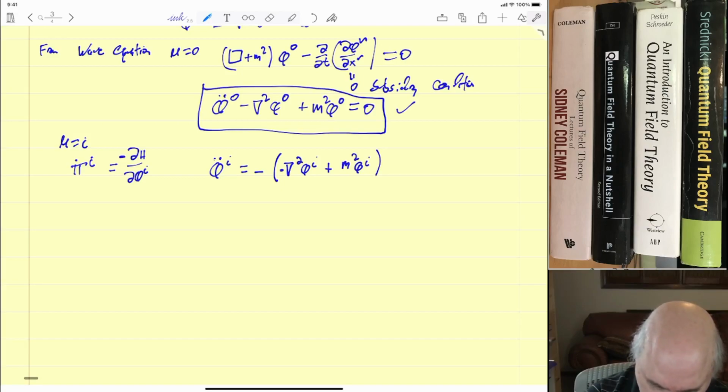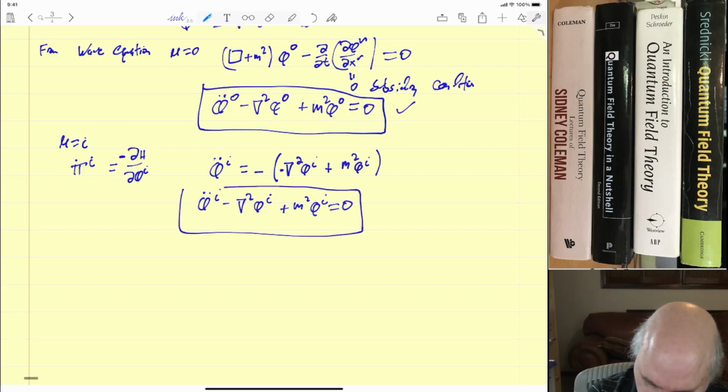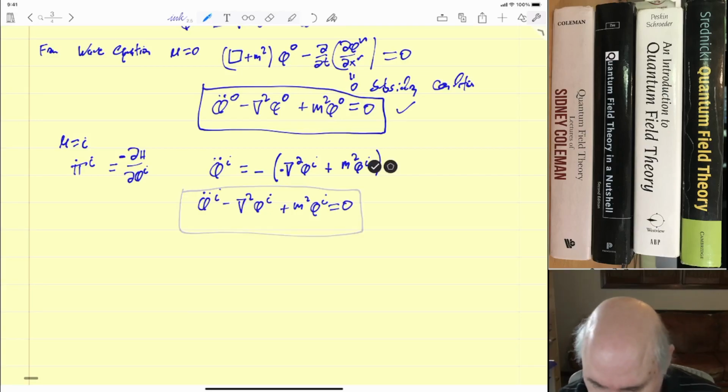So now we're going to get phi double dot I minus del squared phi I plus m squared phi I equals 0. And you can verify this comes from the wave equation also.